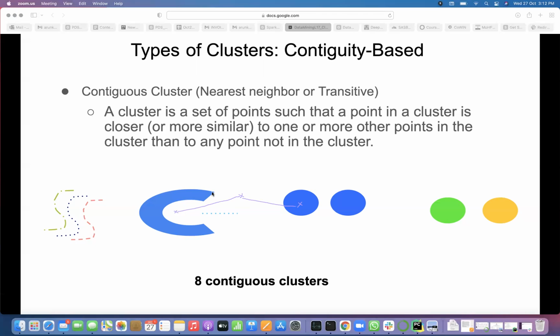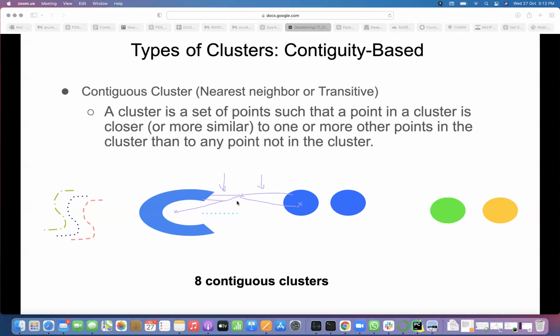But if I go by contiguous, meaning if one point is close in the cluster, I am okay. I am not looking at the cluster center. How close is this cluster to this point? Only this much distance, right? And how close is the left cluster? This distance is smaller than that distance, so I will assign this cluster to this point.